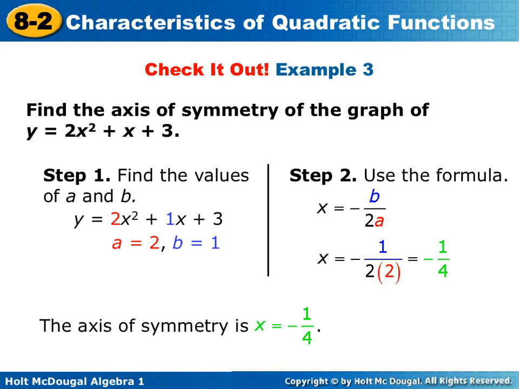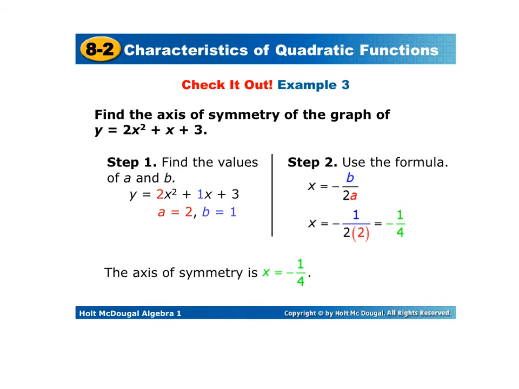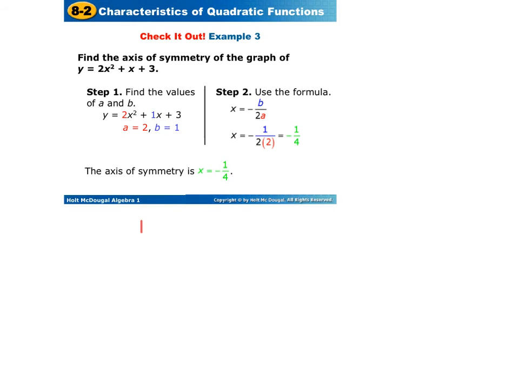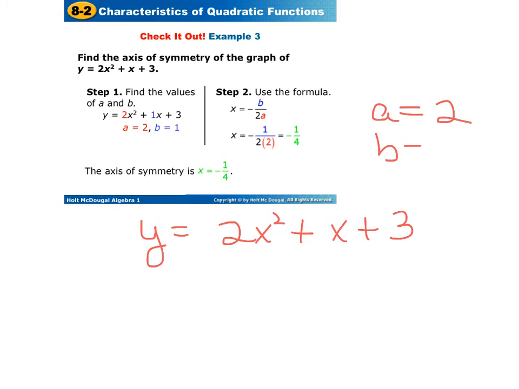You ready? Next one. Here is my equation. Let me rewrite it. Y equals 2x squared plus x plus 3. My A equals 2. My B equals 1. My formula to find the axis of symmetry is x equals negative b over 2a.